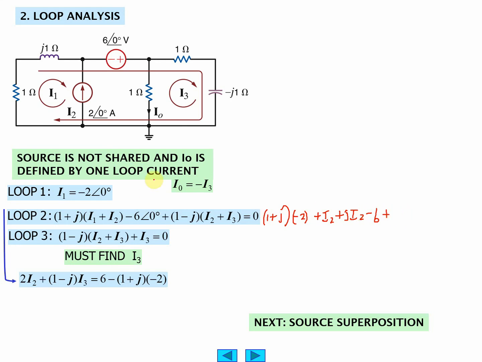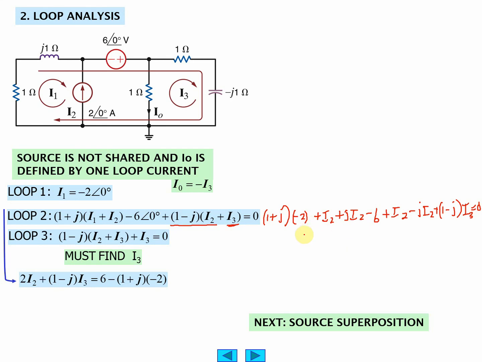I want to collect terms in terms of I2, so I'm going to go I2 minus jI2, plus, and for I3, I'm going to keep the 1 minus j binomial. And all that stuff equals 0.